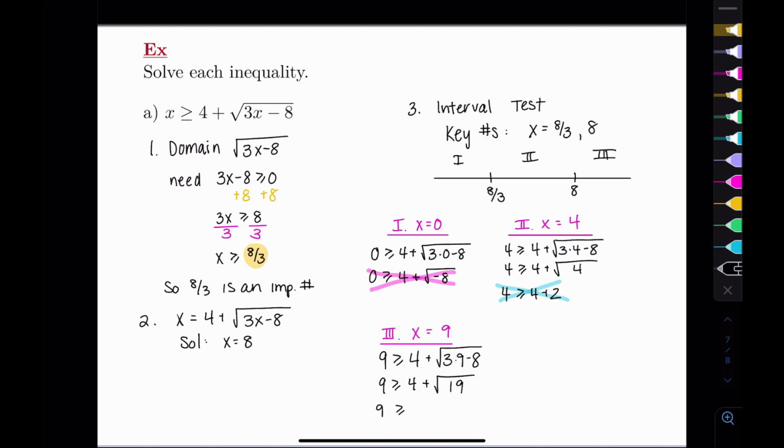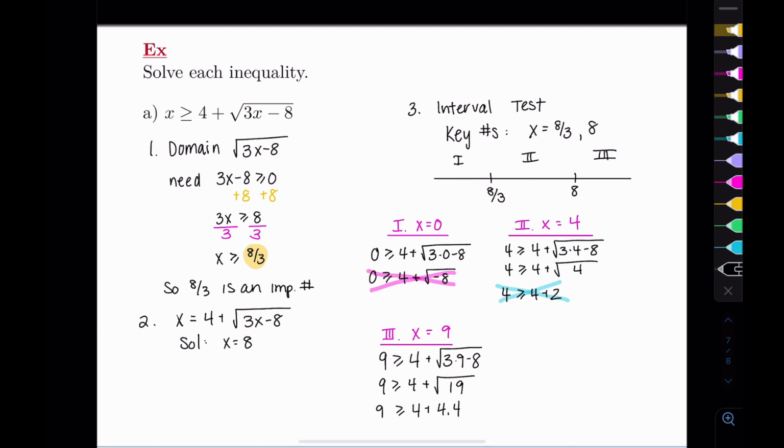And so if we plug that into a calculator, it roughly gives us 4 plus 4.4. And so 9 is greater than or equal to 8.4. This interval does work. So we can equal everything in here.